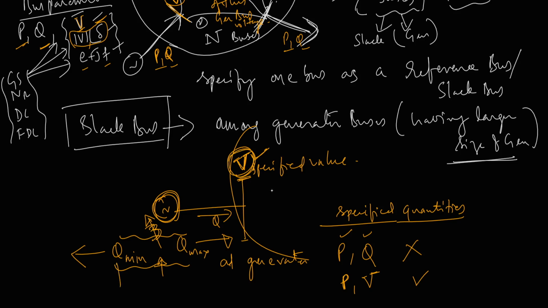The limits are fixed to either the lower limit or higher limit, and this voltage is now allowed to vary accordingly. Have you followed what I am saying? Actually, this is a very important concept.